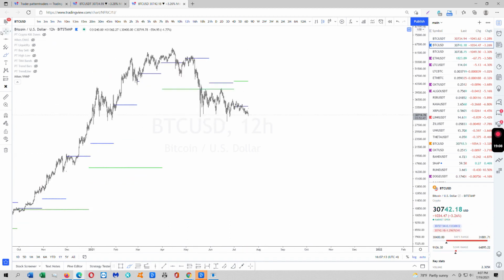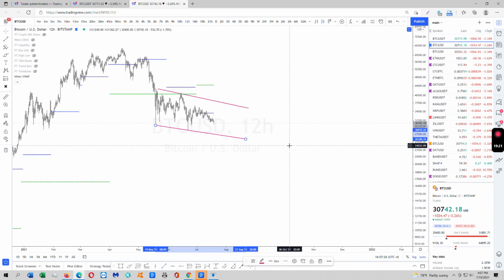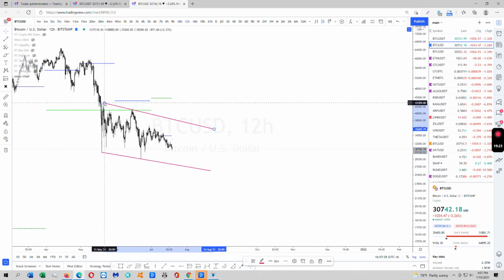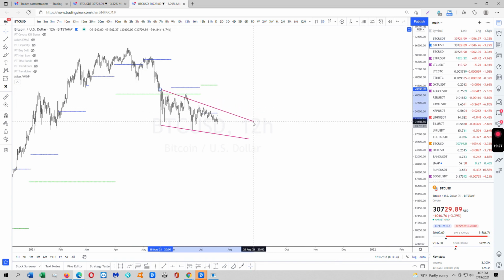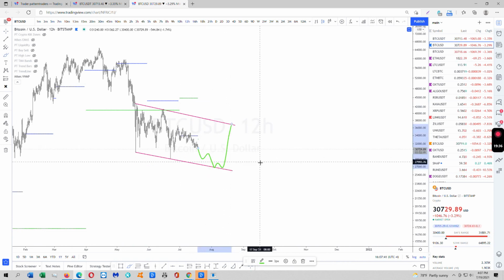And the only level that looks interesting to me, once we break down from here, is going to be do it like this. So I'm grabbing both. You can also do it this way. Yeah, but I'm gonna take the top. So do it like this. And now, the only thing that makes sense for me is if we do happen to break down, go like that.